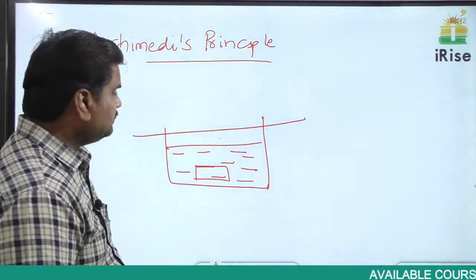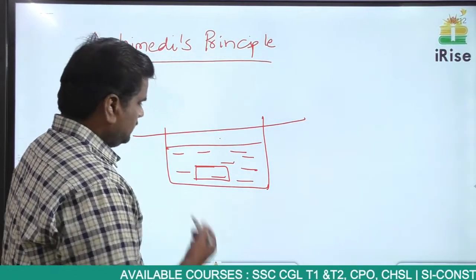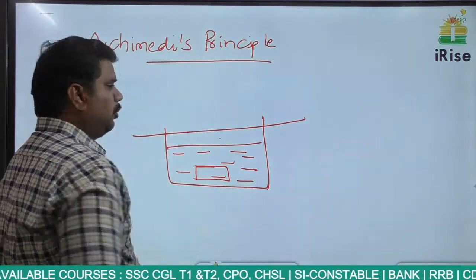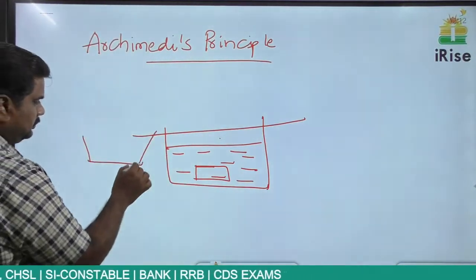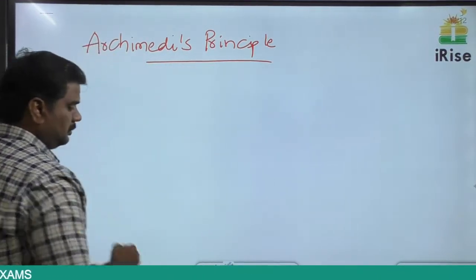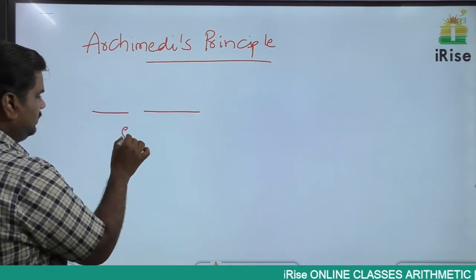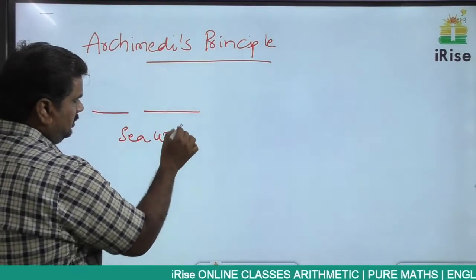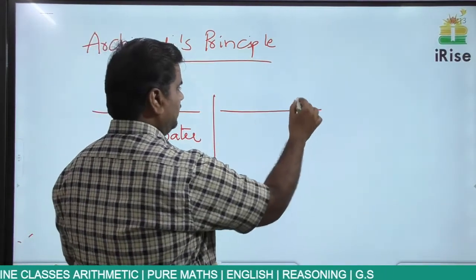At the same time, suppose, Archimedes, right? Suppose you are traveling in a boat, entering from river water to sea water. Suppose this is the sea water, and at the same time this point is the river water.